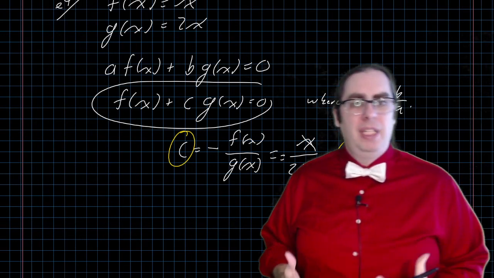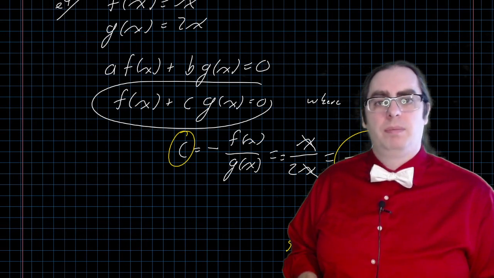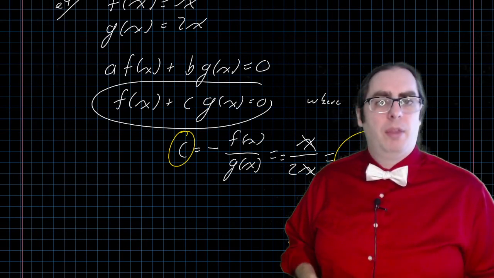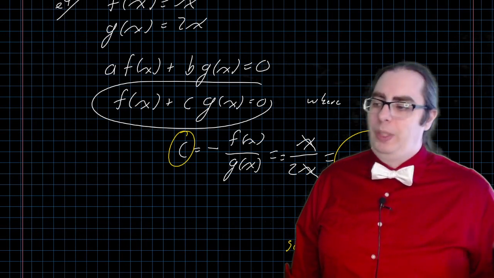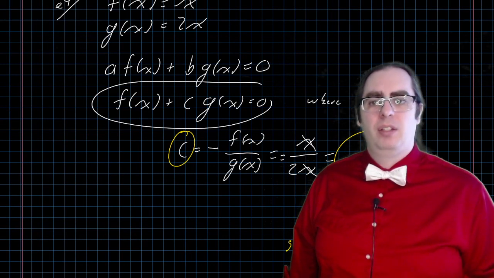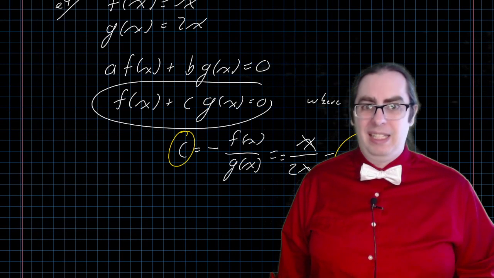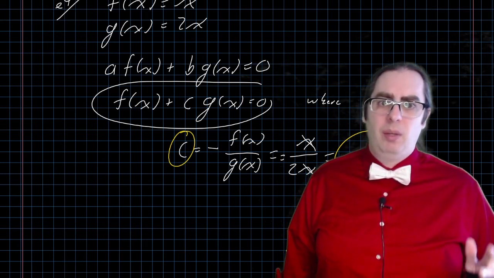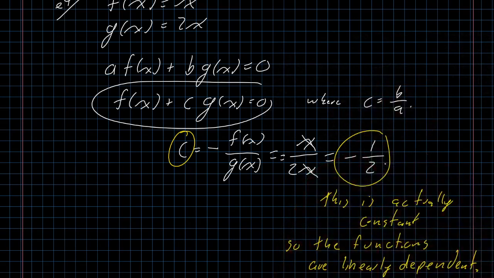It's not immediately obvious that that is constant because there are x's involved. And that's why the more powerful techniques like the Wronskian exist, because we can use this to clearly say when functions are linearly dependent. It's a little bit harder to use this to say when functions are linearly independent. But that's okay, we can manage close enough for our purposes.